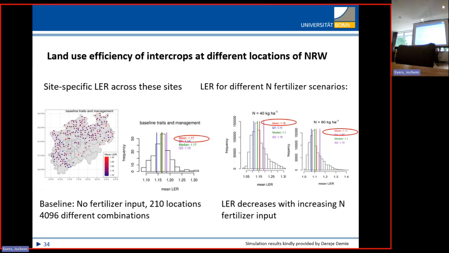So this is what you can do with the model. Actually, you can test very many combinations of traits and management options, of choices of species, to try to find which performs well under which environment. And I think with this I'm at the end.